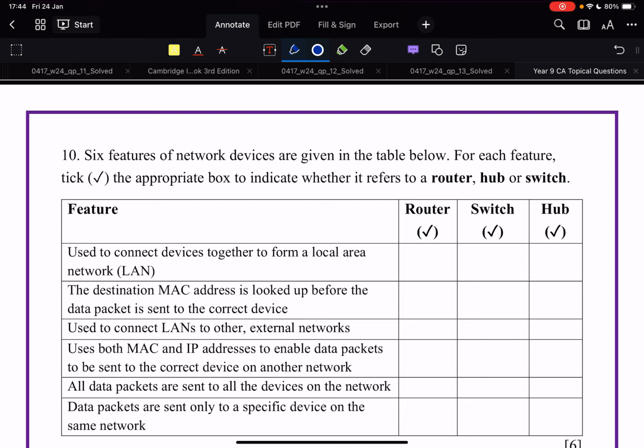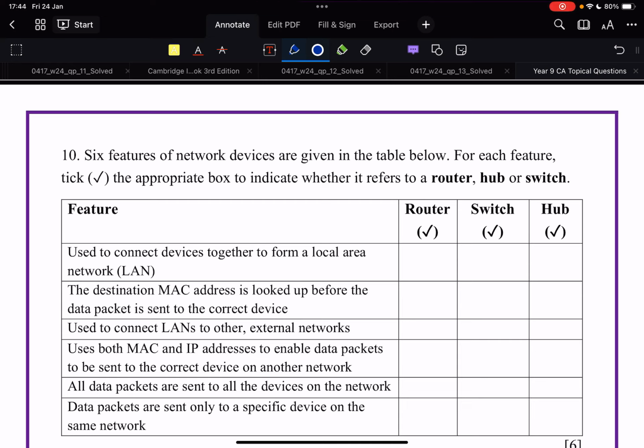When it comes to the router, what the router does is it routes data packets from one network to another, based on an IP address.